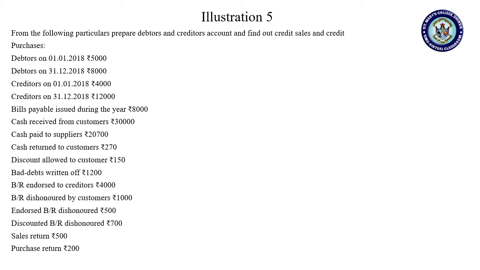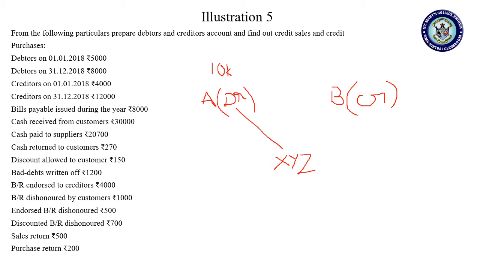So A is the debtor, B is the creditor, and XYZ is the company.